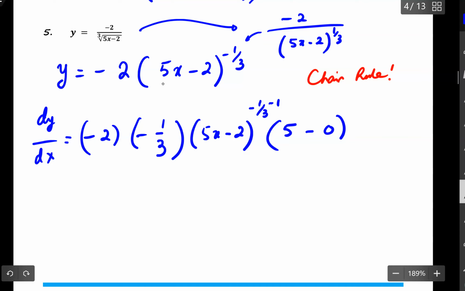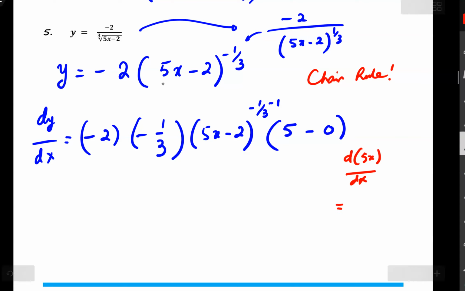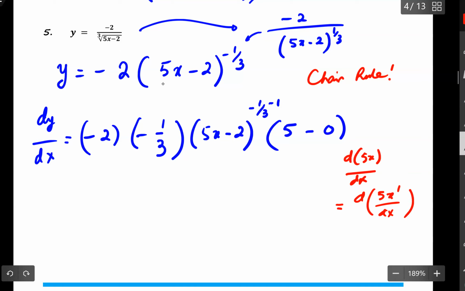So I can explain this. Derivative of 5x, I can write this as derivative of 5 times x to the exponent 1. Now what you have is you are taking 1 times 5, so that is 5, and 1 minus 1 is 0. So that means 5 times x to the exponent 0.